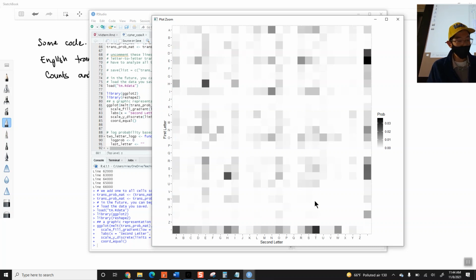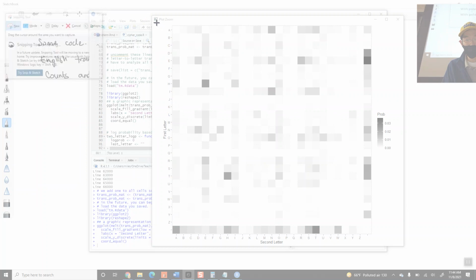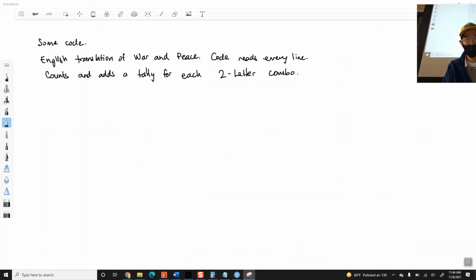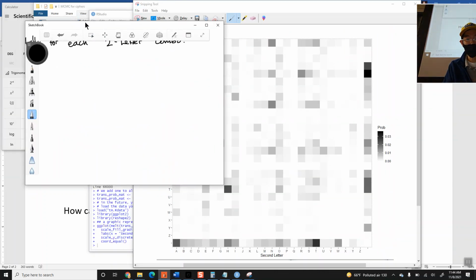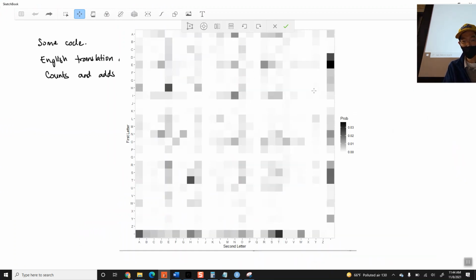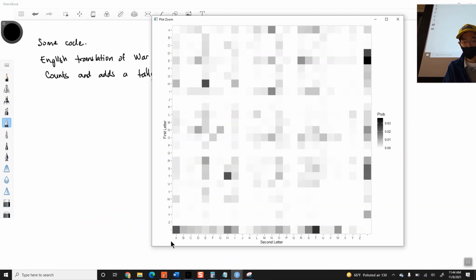Okay, and so this is kind of the resulting picture that we have. Let me show you. Okay, well anyway, what we see is that T followed by H, very dark, very high probability.